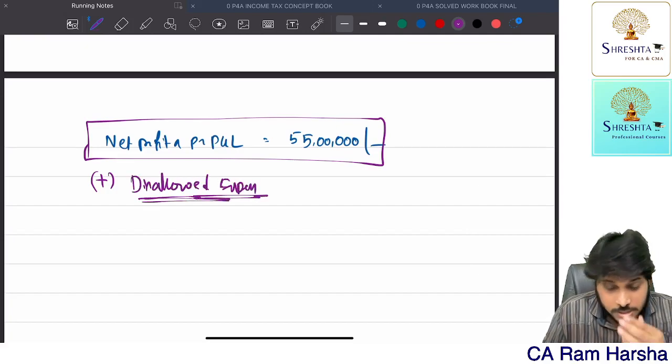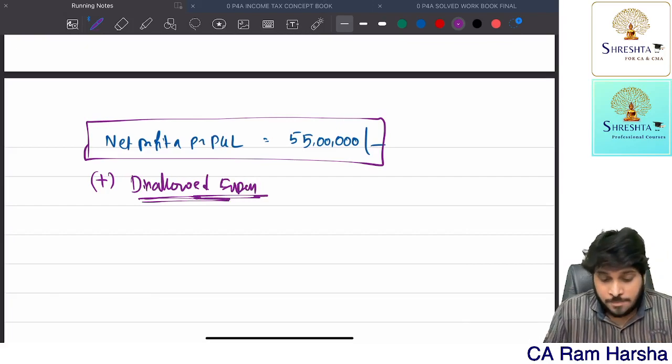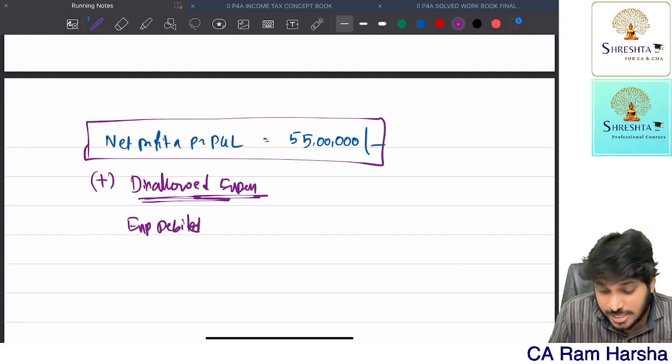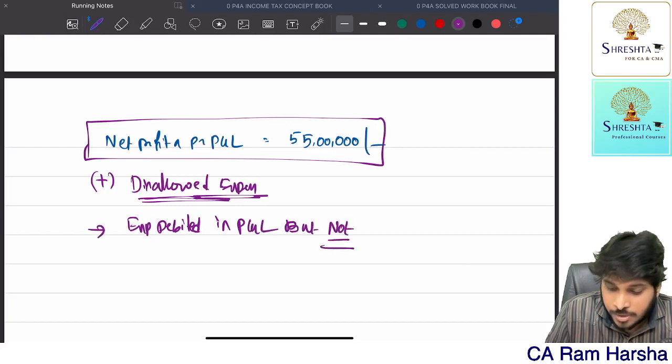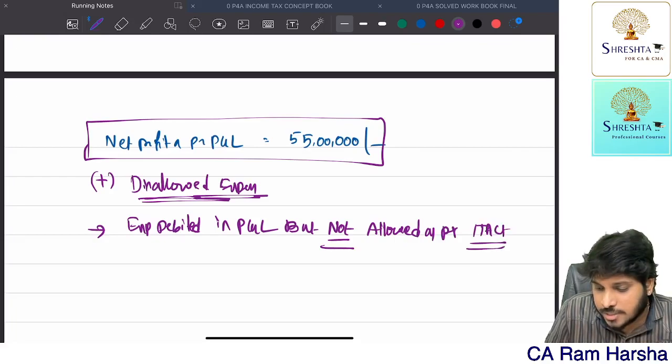Adding back means disallowed. What is a disallowed expense? It is an expenditure debited in P&L, but it is not allowed as per income tax law, as per the Income Tax Act.